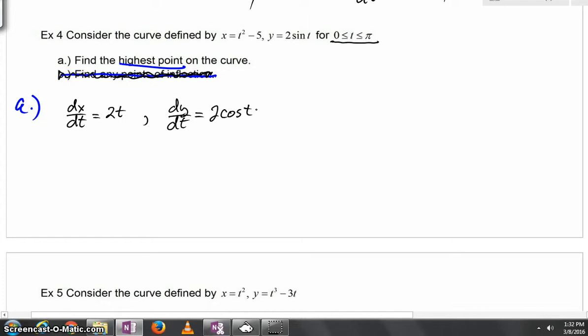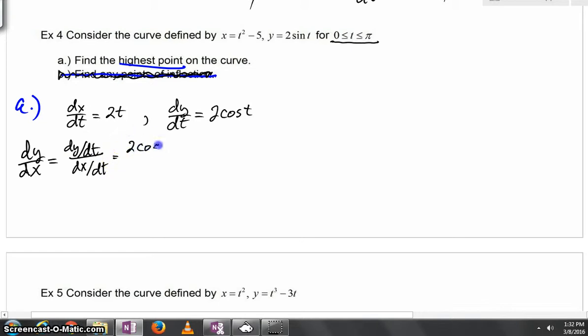Okay? And when they're saying find the highest point on the curve, just like you did way back in first quarter, you could look at dy dx, because way back then, what you really did is you said, where is my derivative going to equal 0?